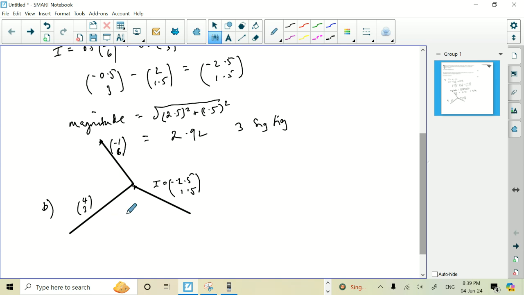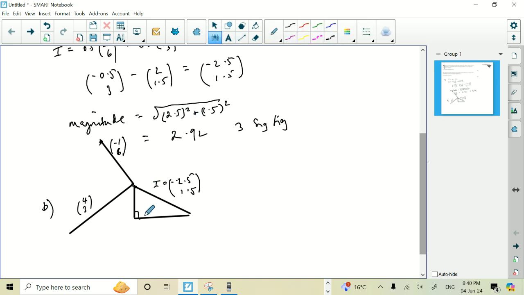Okay, so now how are we going to go about doing this? Well, you could use dot products, you could use other ways of doing it, but simple geometry here, using SOHCAHTOA. There's my first triangle, my right angle triangle.